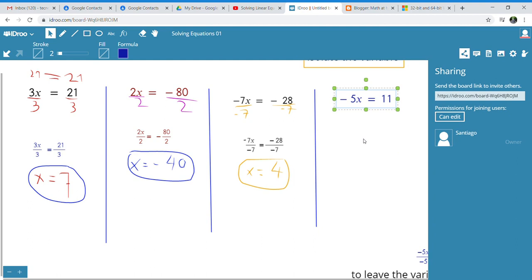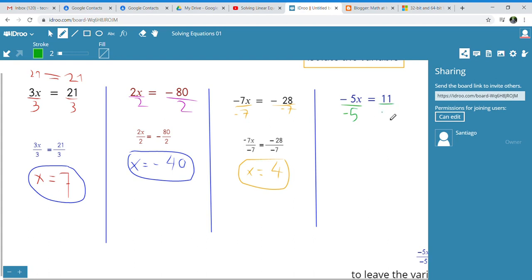What is the number that you have to use to divide this member of the equation so that you get the x alone? By minus 5. You're right. We have to divide by minus 5.